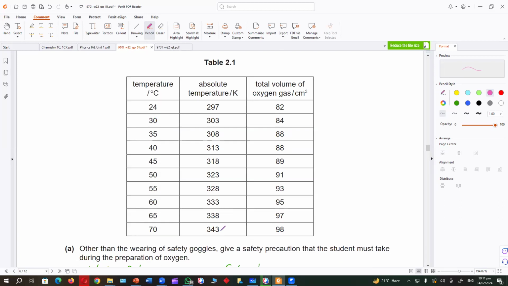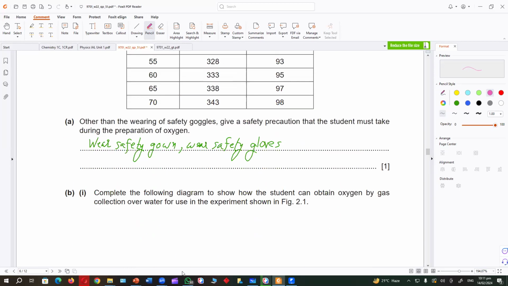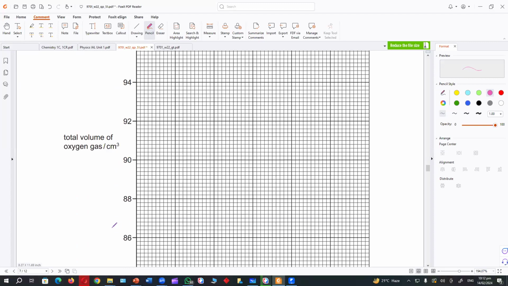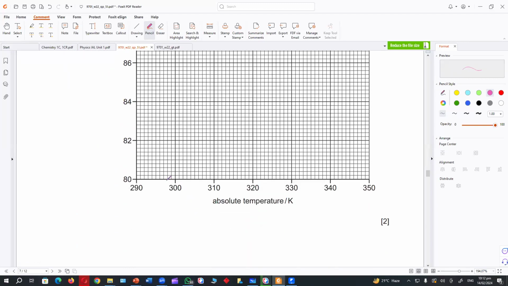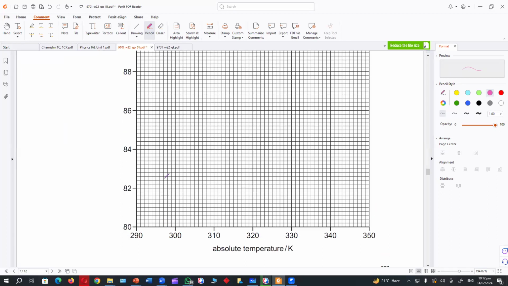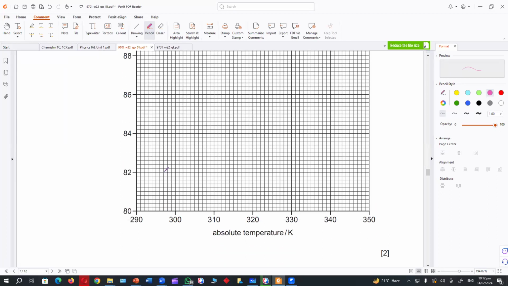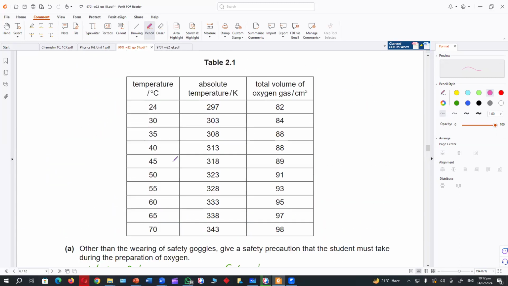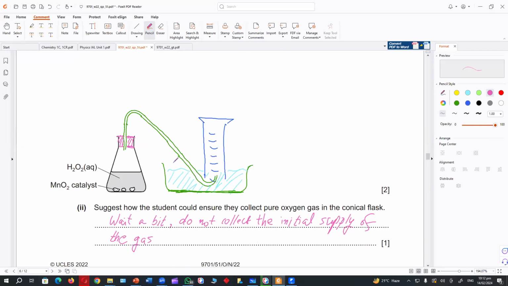But 297 and 82, right? 297 here. Then it is 303 and 84.